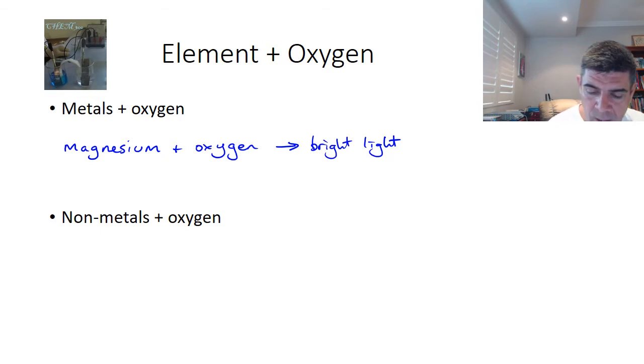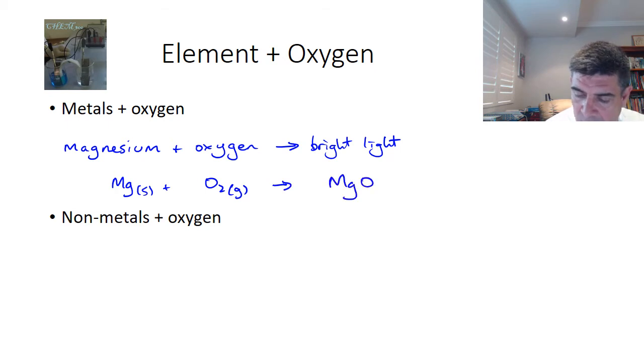When we write the equation for this, solid magnesium combines with oxygen, which is diatomic, so we write it as O2, and it forms magnesium oxide. Now this is a white solid. A lot of it actually disappears as smoke when the process is occurring.